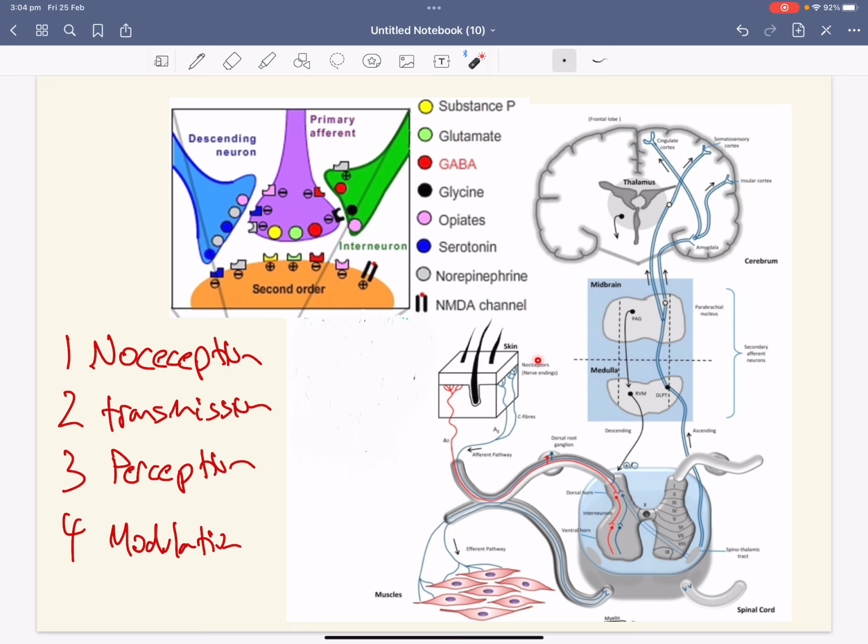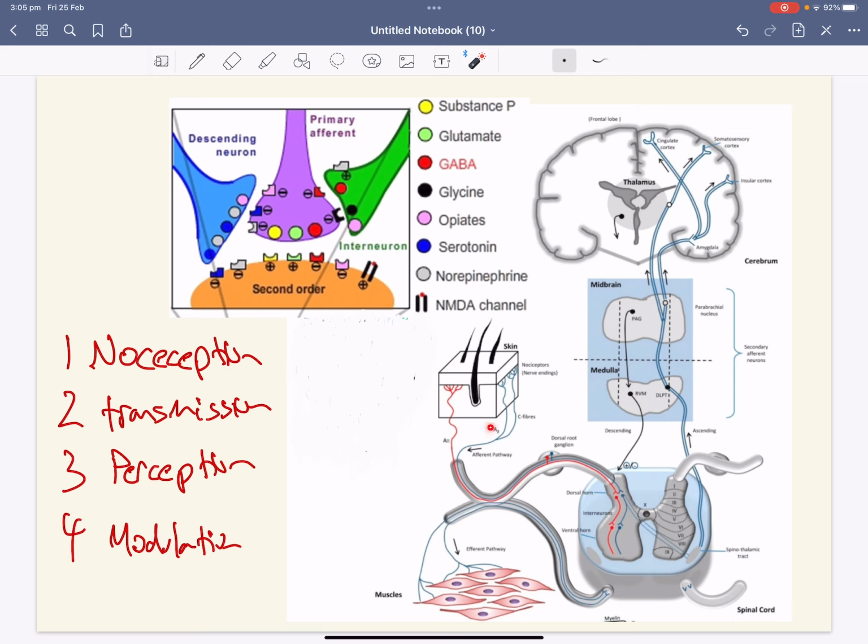So out here in the skin, let's say on your finger, you were to cause some degree of tissue injury. Now, once you injure yourself through this kind of tissue injury, you need to pick up that injurious agent through nociception. So this is what these are, through nociceptors. Now, there's 2 categories of nerve fibers that pick up pain.